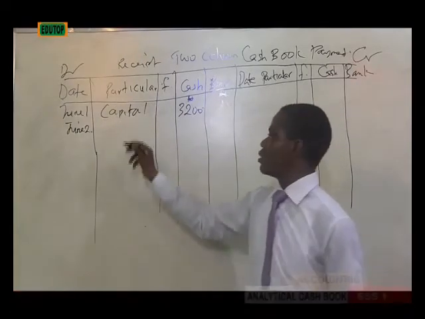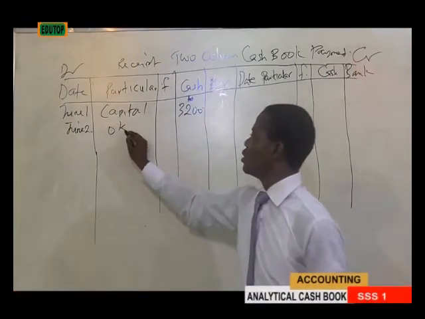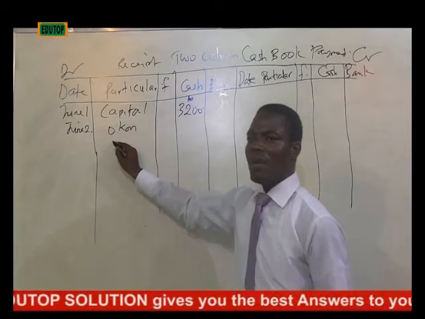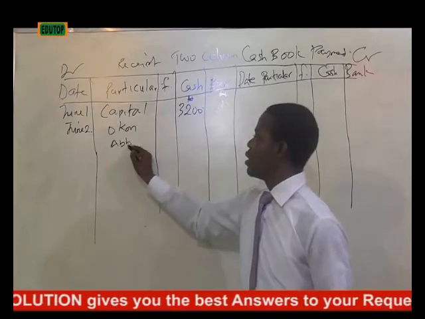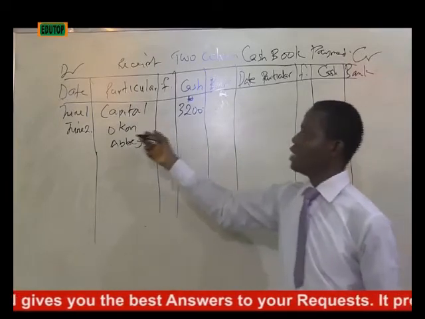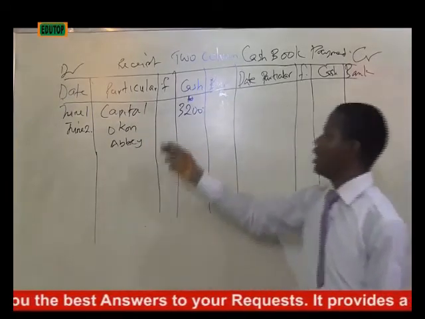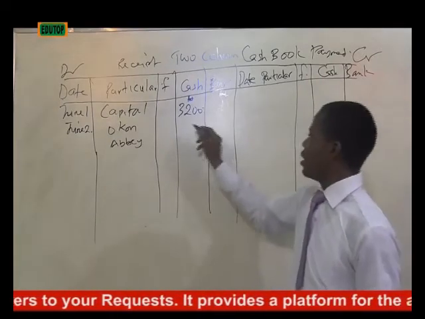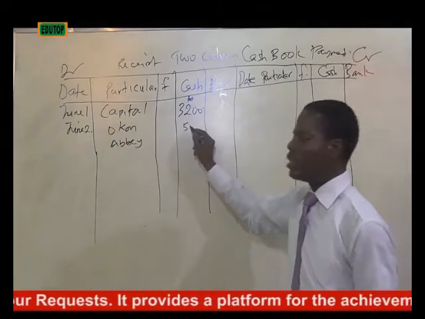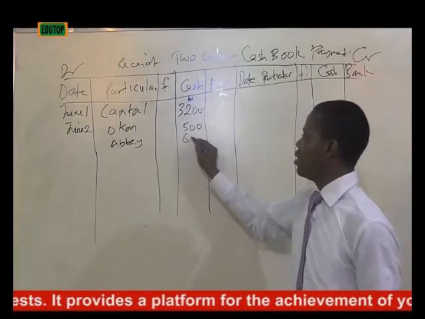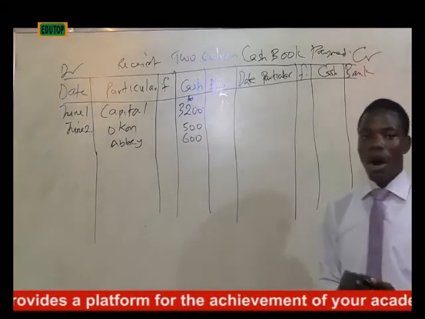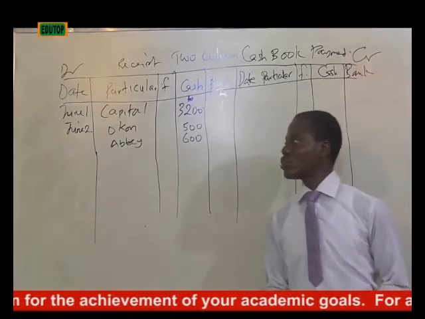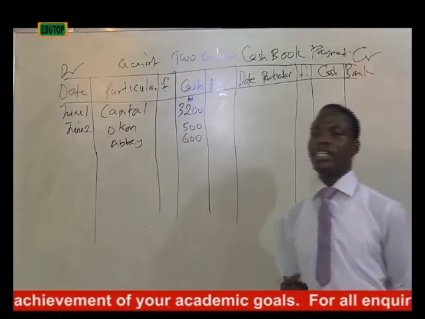Then the names: Okon, then Abe paid us. That means they paid money and it is through cheque, so it must be under the bank column. Okon is 500, while Abe is 600.